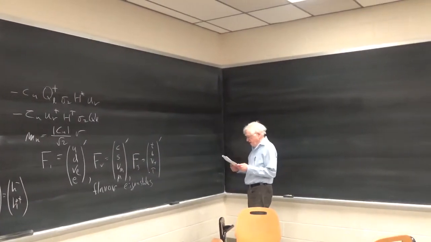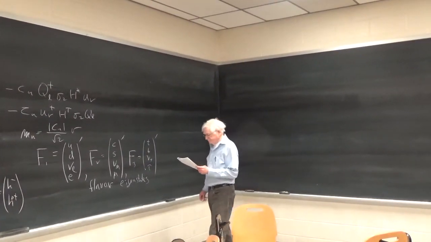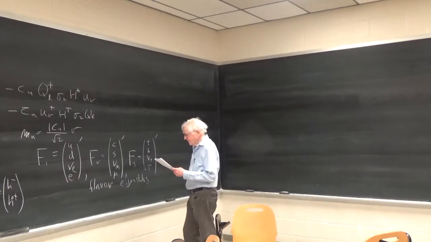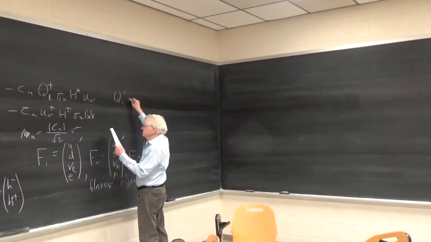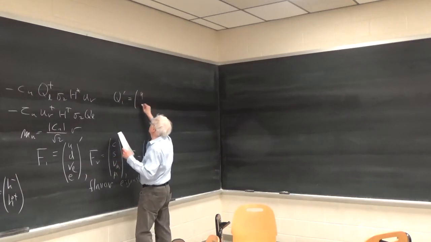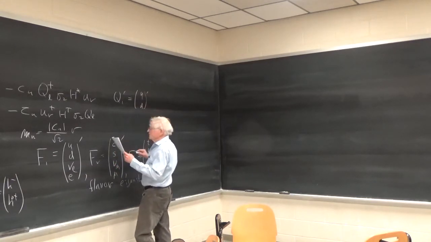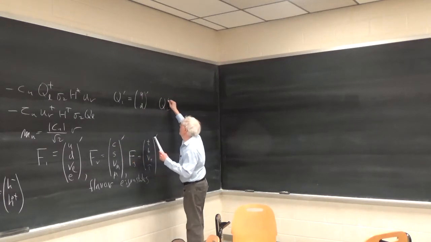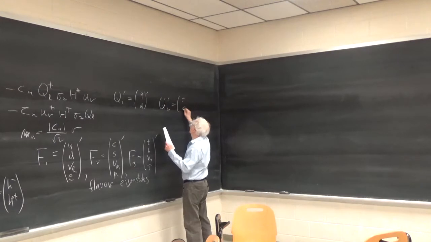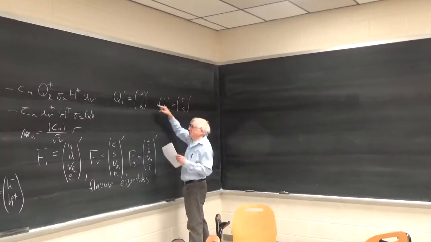So we can think of these as Q1 prime is u d prime, and these are, I'm not going to write them all, but I'll just write a couple of them. c s prime, these are flavor eigenstates.